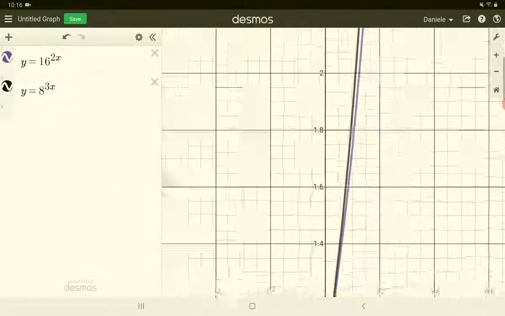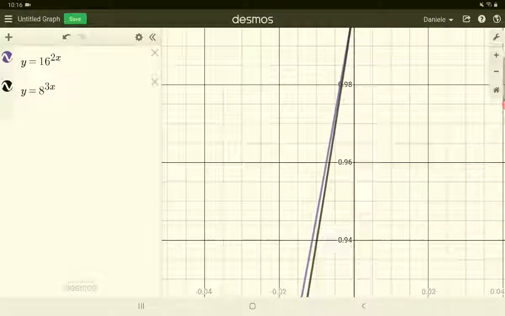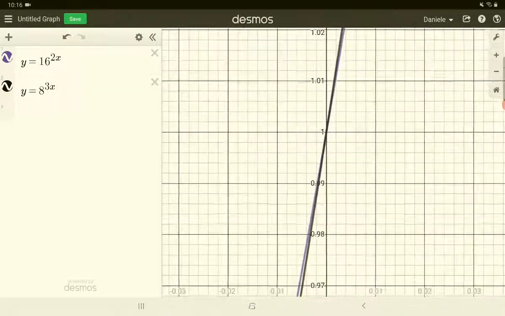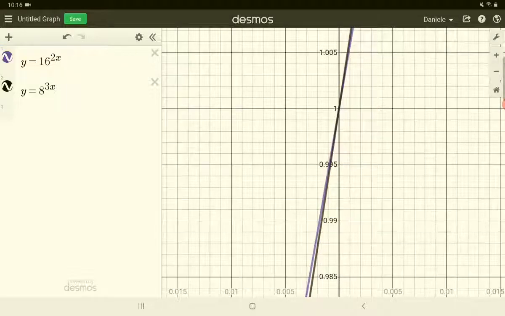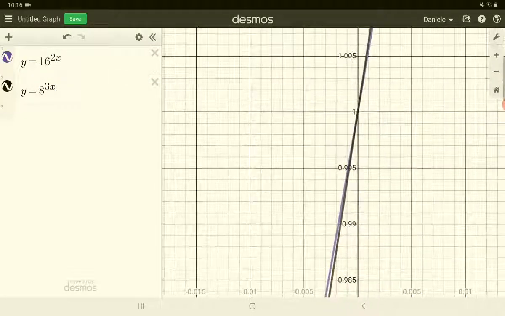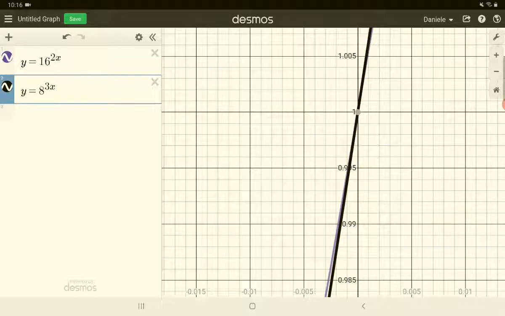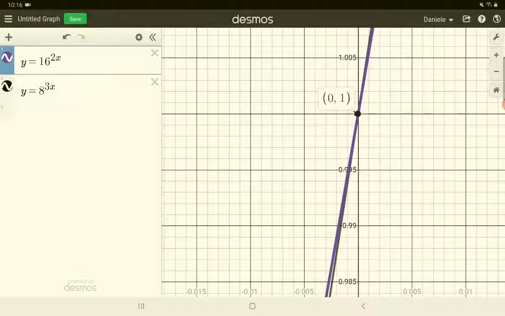Let's see here. I can keep zooming in on my screen until I can see the point of intersection. And actually, if I just tap on the curves themselves, the point of intersection gets highlighted. Did you see that? I'm just tapping remotely close to the point of intersection and it's snapping right to it.